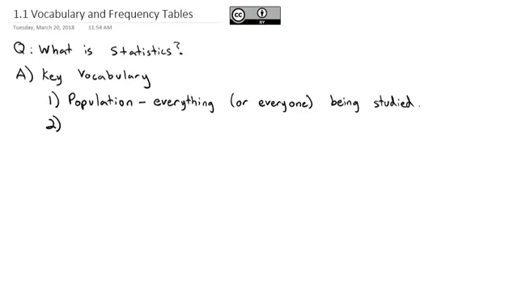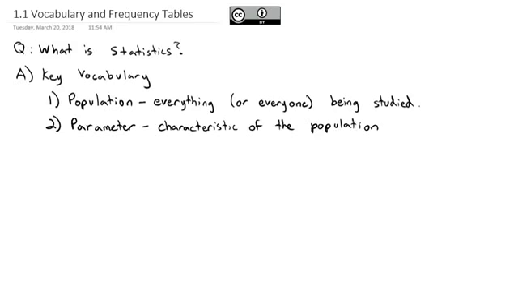Number two, the second word we need to know is what we call a parameter. And a parameter is some characteristic of the population. If we're talking about all college students, the parameter might be the average GPA.